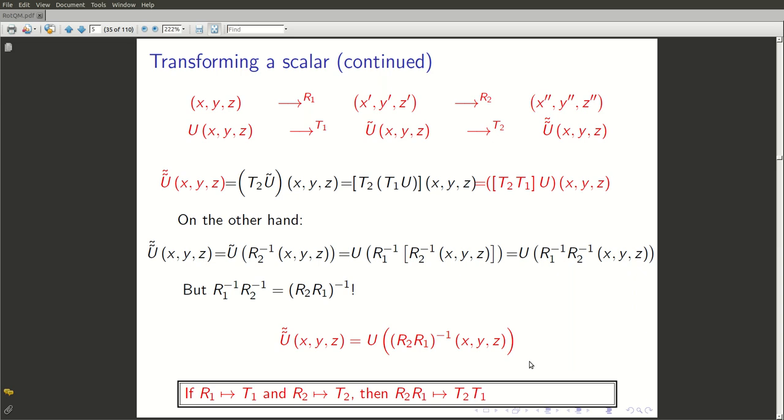If I am allowed to use technical language, this really says that the transformations in function space furnish a representation of the group of transformations in direct space, in coordinate space. If you don't understand this particular statement, don't worry.